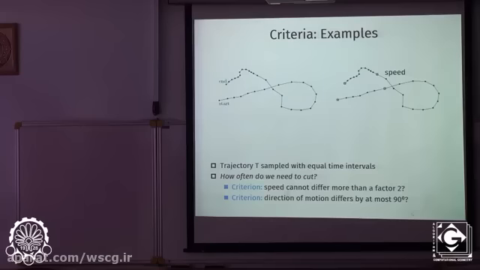If we would now want to segment the same trajectory by direction of motion, and let's say it should differ by at most 90 degrees, then again let's have a look. So here we're moving essentially in this direction. At some point here we start turning, so this might still be within 90 degrees, but at the latest here, this one cannot be in the same part as the part here.